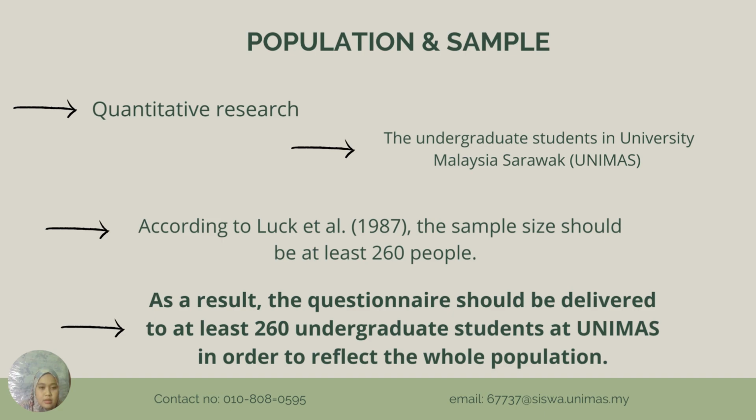According to Luck et al., 1987, the sample size should be at least 260 people. As a result, the questionnaire should be delivered to at least 260 undergraduate students at UNIMAS in order to reflect the whole population.